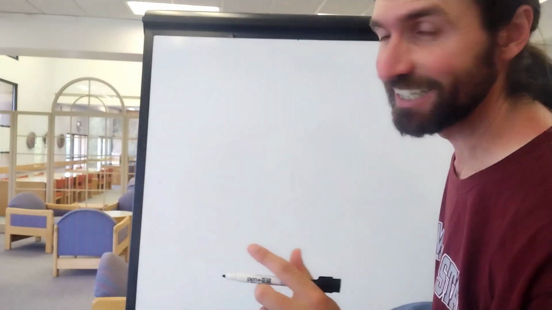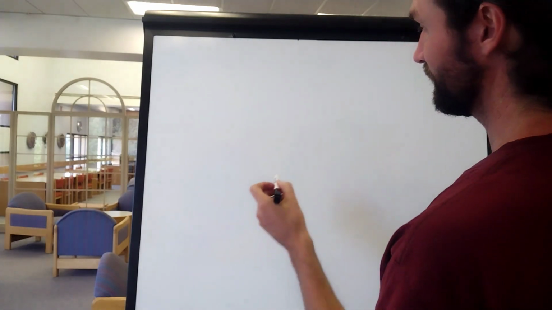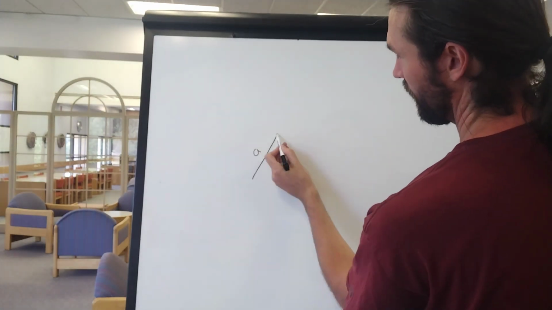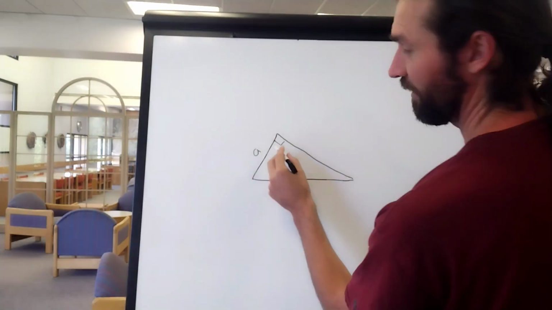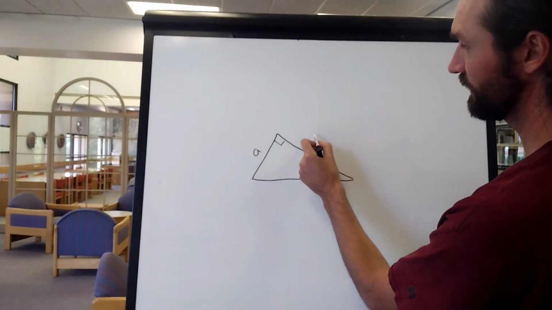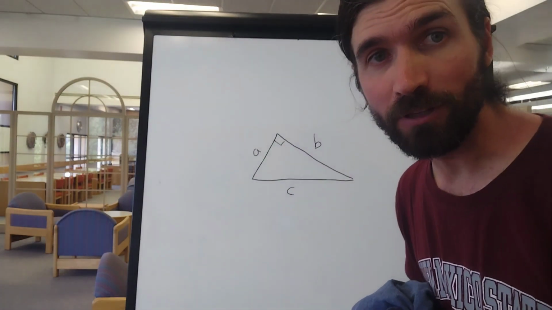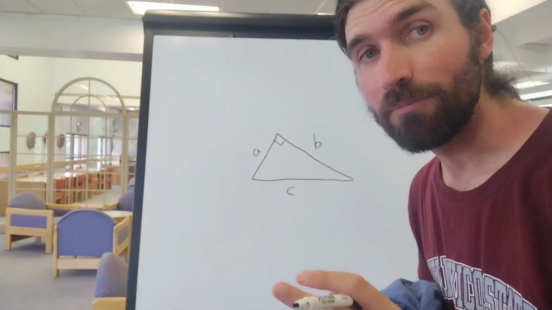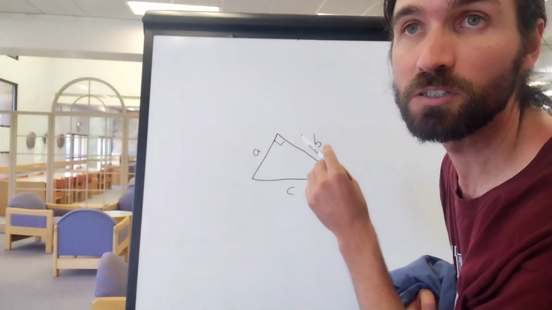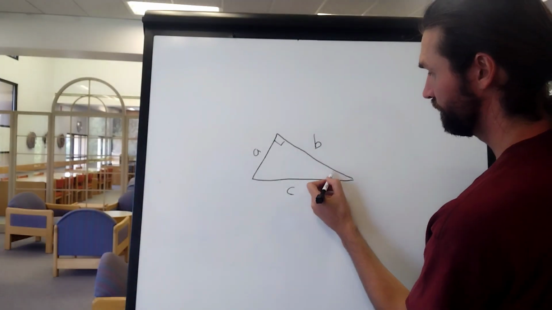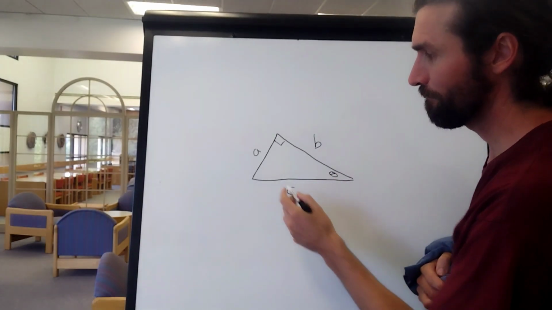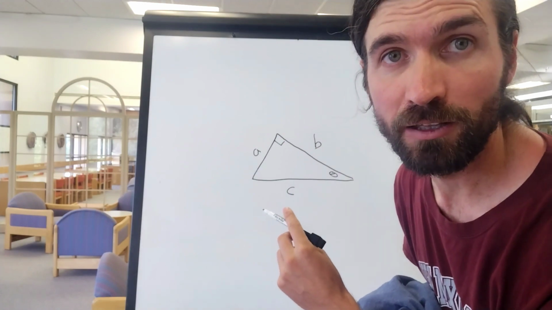The first trick is I turn the right triangle like this. Okay, now that's the 90 degrees, which means this is b and this is c here. And I would like to label lambda and theta. Theta is the small angle right here, and lambda is the larger one here.